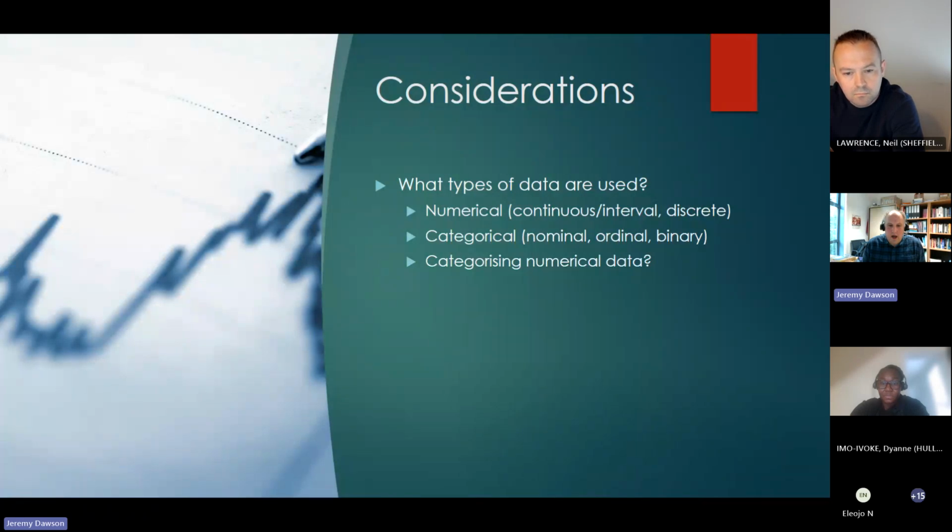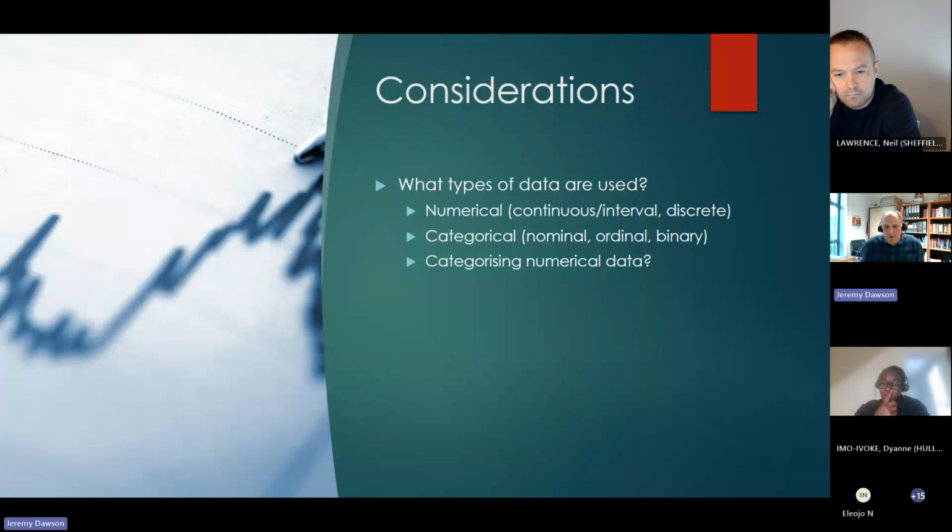Sometimes that's referred to as interval data, especially where the measurement isn't quite so accurate, perhaps. Or they can be discrete data that can only take on certain values. By far the most common type of discrete data is count data. So, for example, how many visits to the doctor did this person have? It could be 0, 1, 2, etc. It can't be 1.5.